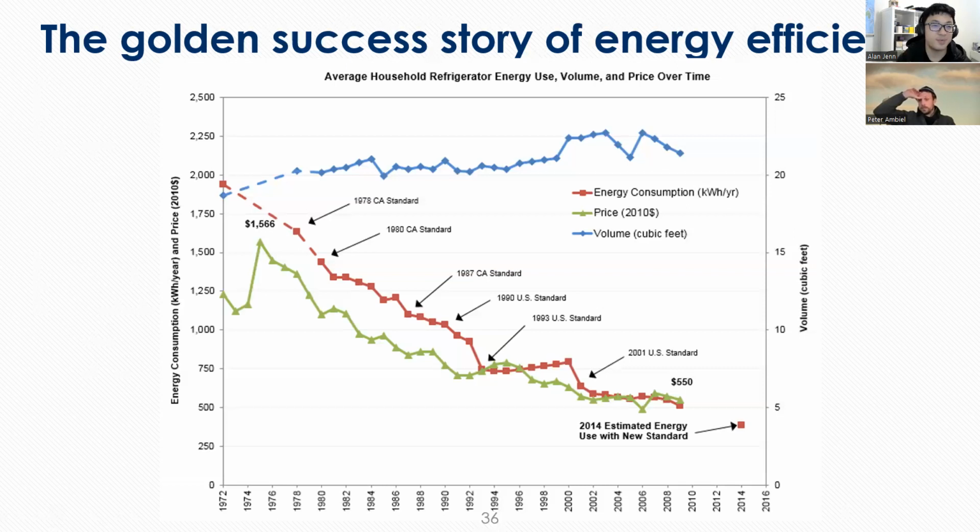So to the extent possible, companies and individuals would always want this type of outcome where you can always take advantage of the low-hanging fruit and be able to get things cheaper and more energy efficient. But it's not always the case that you can have these types of trends in your technologies.